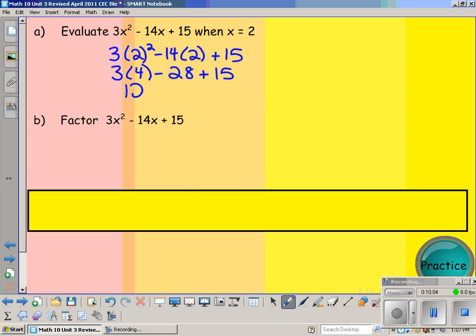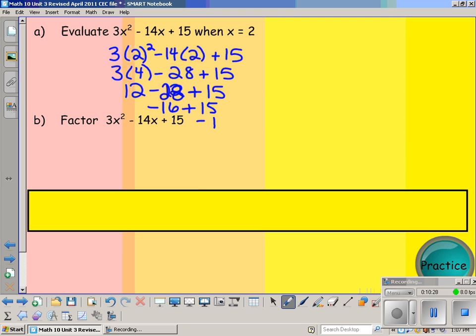So we have 12 minus 28, plus 15. 12 minus 28 is negative 16. Plus 15, we get negative 1. So we evaluate, we get negative 1.